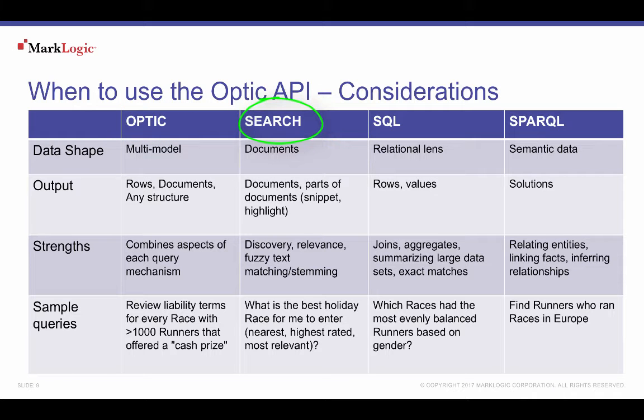MarkLogic's JSearch and low-level CTS functions target data discovery, fuzzy text matching, and searches where document relevance to the particular search is needed. SQL searches can do document joins, aggregates, and summarize large data sets, as would the Optic API.